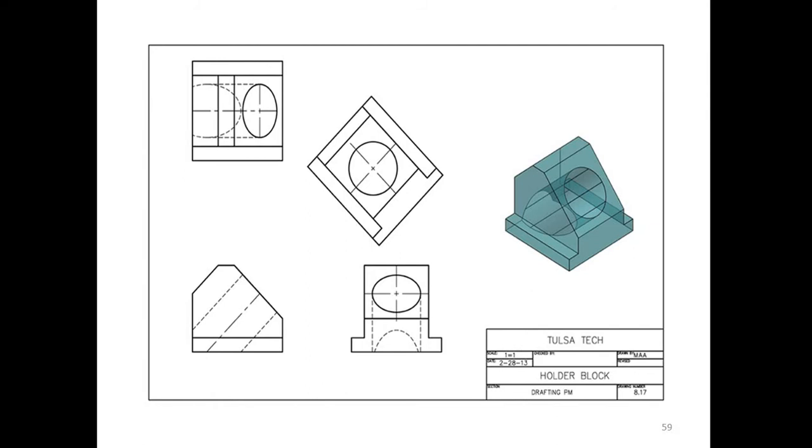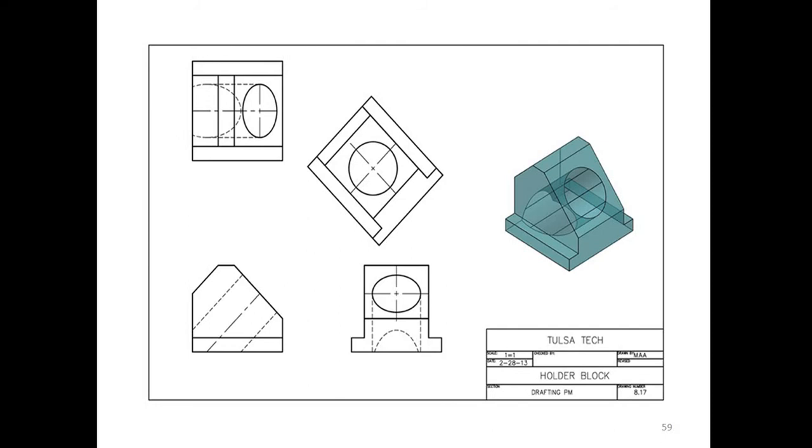Again, one example of a holder block for the auxiliary view projection purpose. Here again, the isometric view is taken, and with that isometric view there are three views: front view, right hand side view and top view.